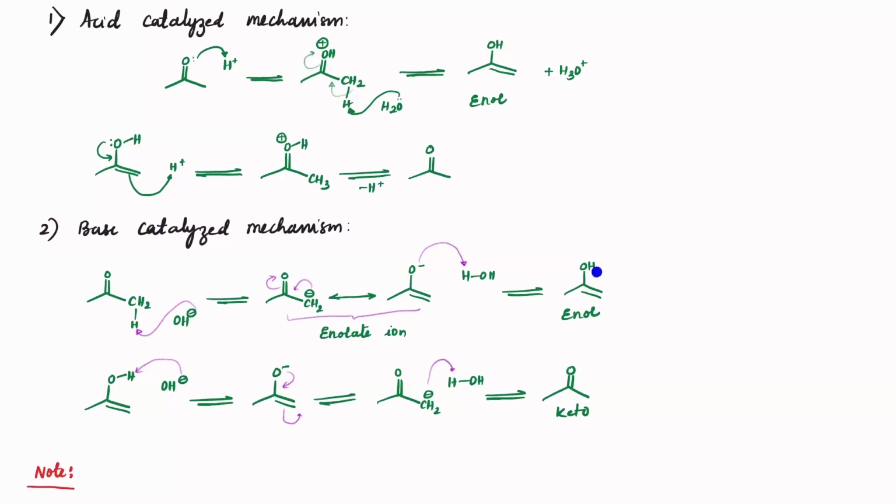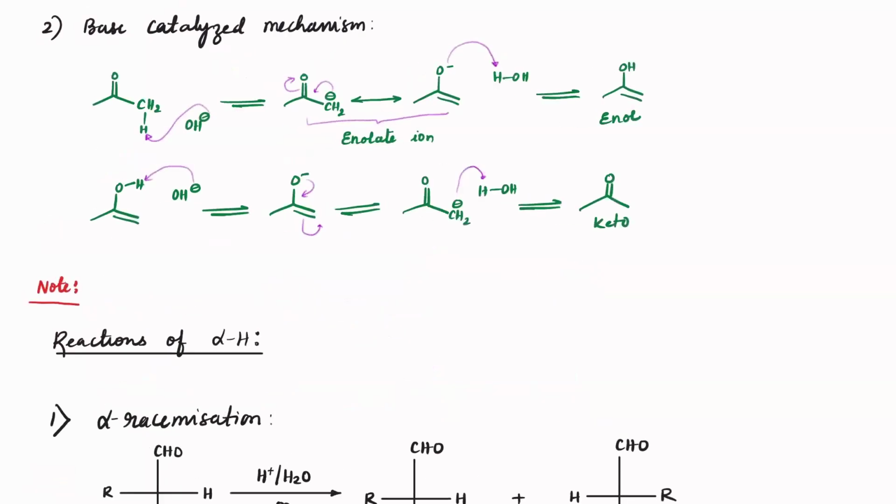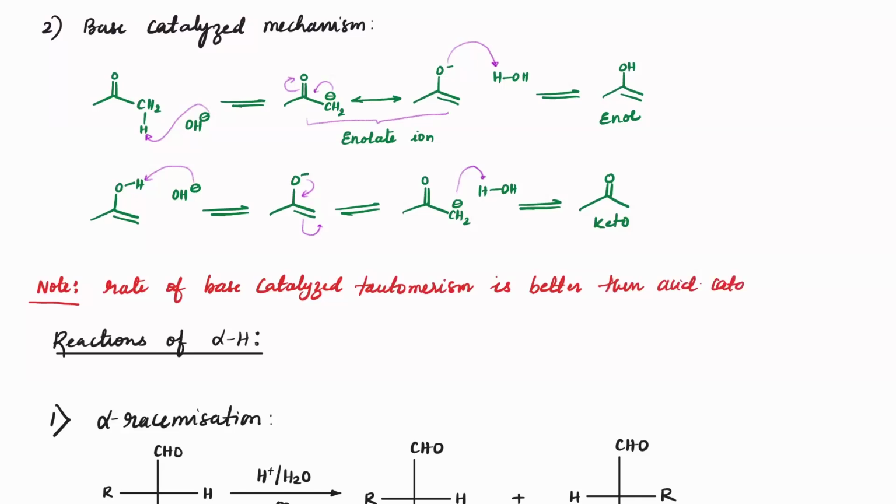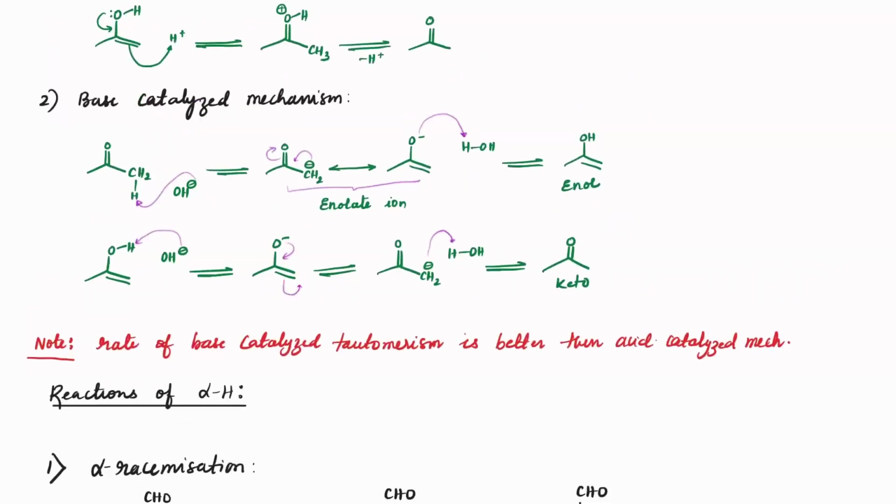It is forming an enol successfully. So we can say the rate of base catalyzed tautomerism is better than the acid catalyzed mechanism. This is the part you need to understand. Please check quickly.